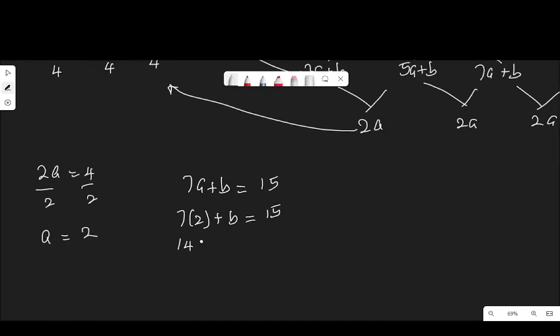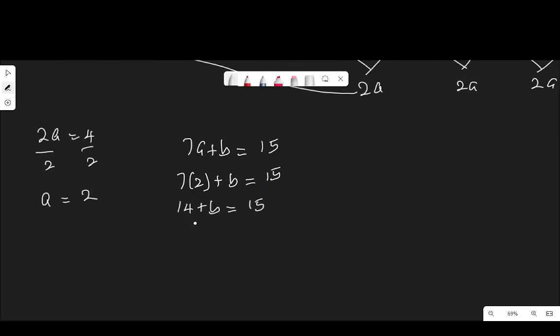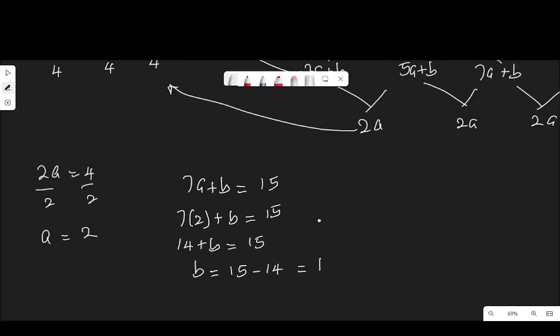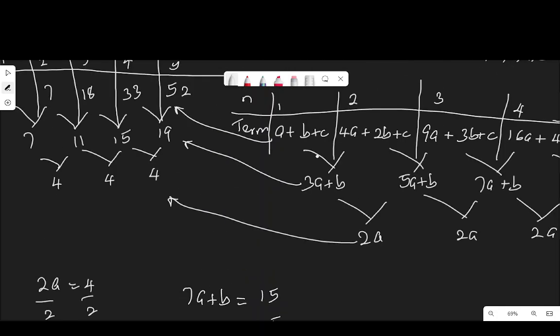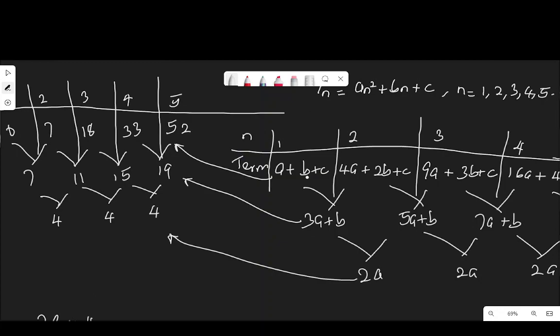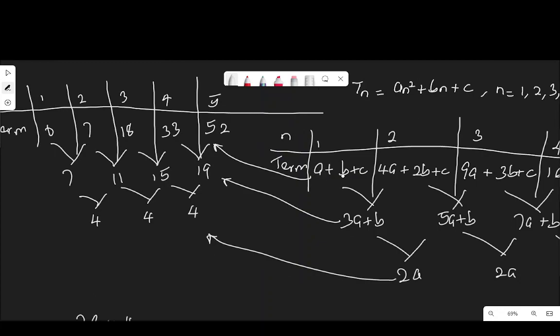That is 14 plus b is equal to 15. B therefore is 15 minus 14, which is 1. Okay, now let's get the last term, which is c. Here we compare the element of the first row in table 1 to the element of the first row in table 2. That means a plus b plus c is equal to 0.